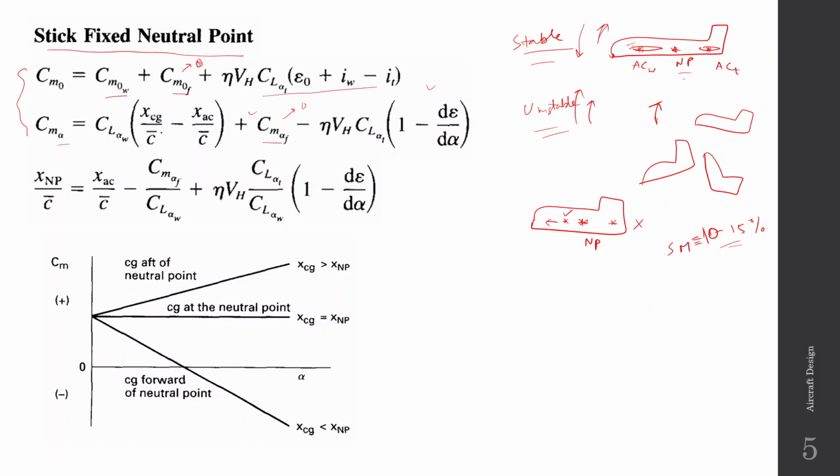So XNP is the point where the Cm alpha is 0.